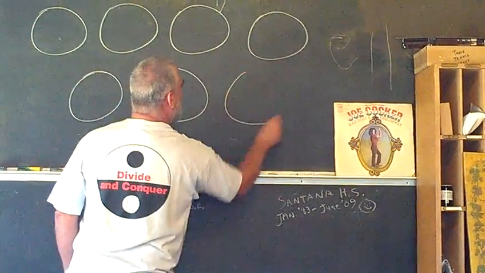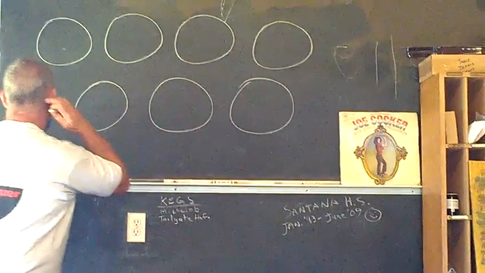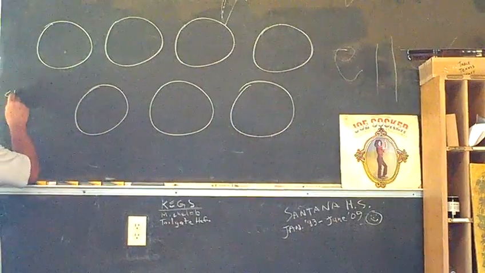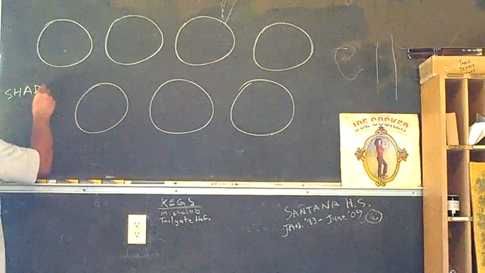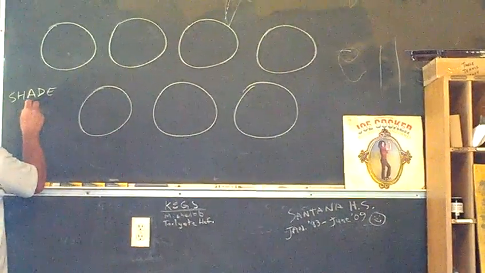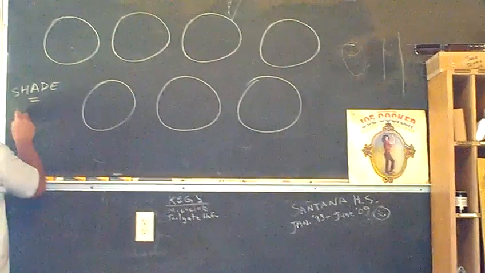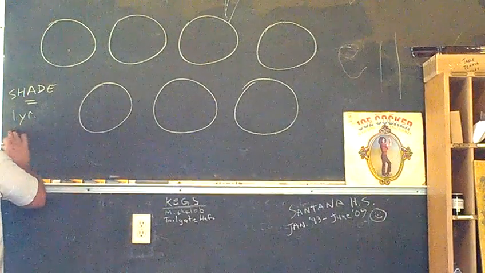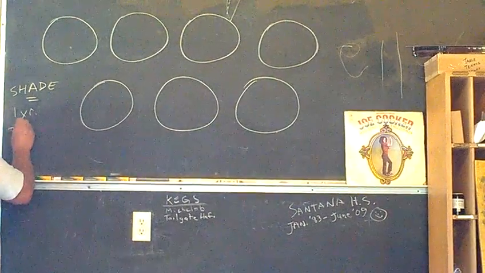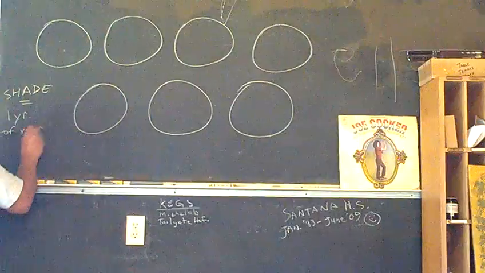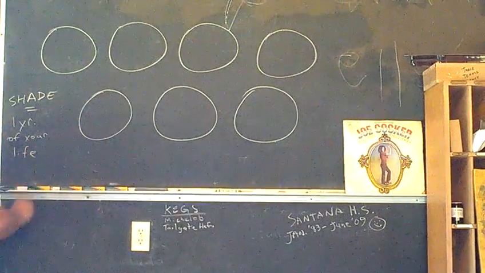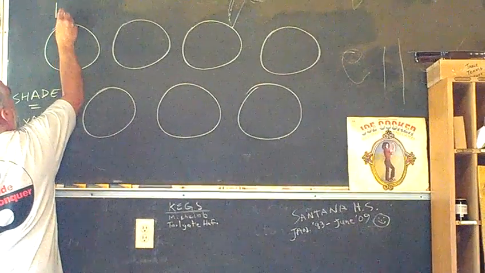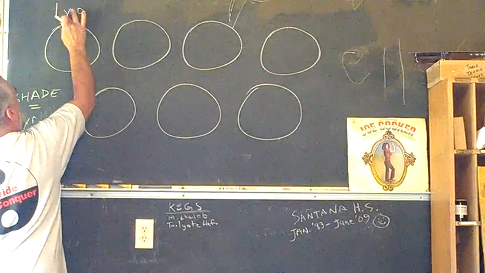6, 7. Okay. And so now what I'm going to do is whenever I shade, the shade is going to equal 1 year of your life. I'll just put 1 year. Now, this circle right here represents when you are 1 year old.